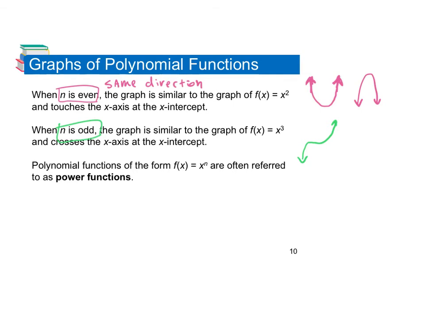When n is odd, our end behaviors go in opposite directions. So here we see our x cubed graph starts going down and then ends going up.